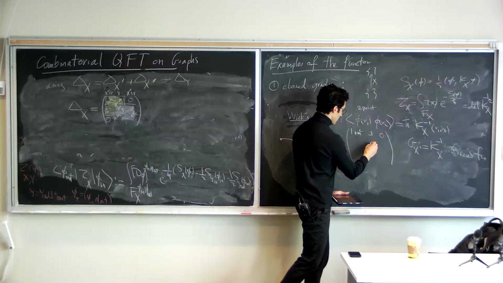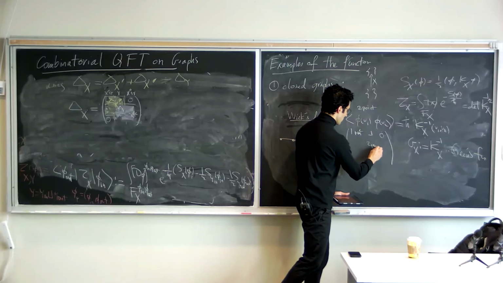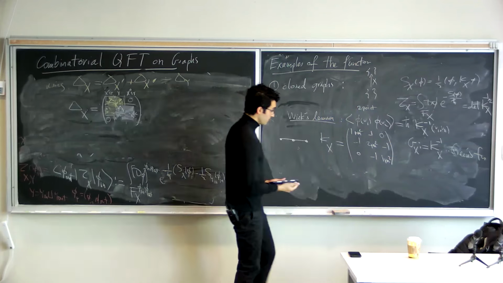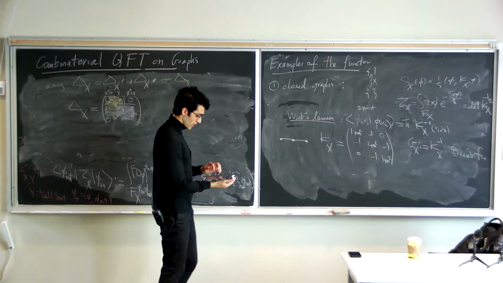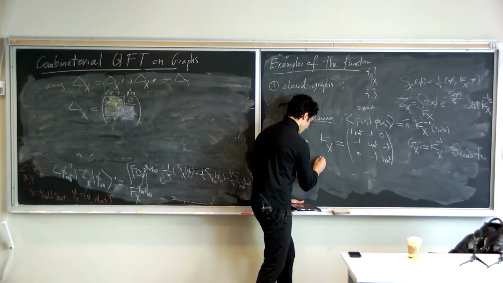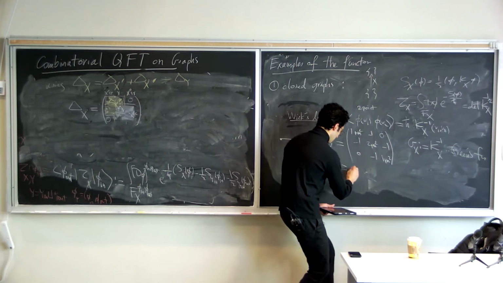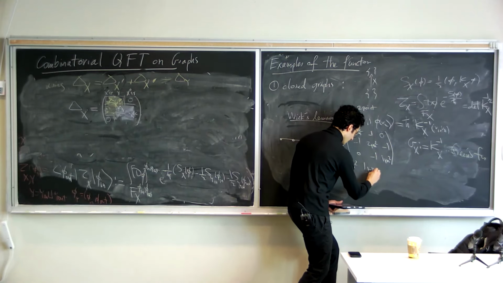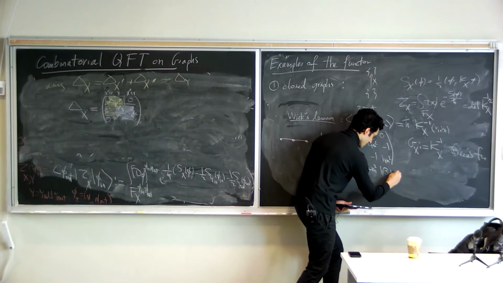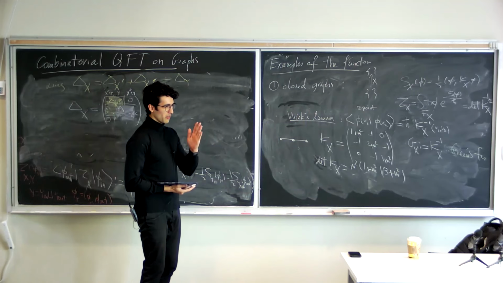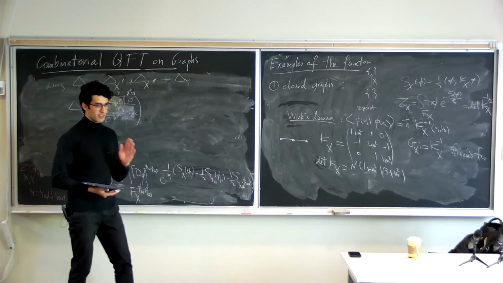It's going to be a symmetric matrix, so let me just do the upper triangular part. This is your Kx, and you can compute the determinant because it's a small matrix. It's going to be m squared, 1 plus m squared, 3 plus m squared. Note how adding this mass term moved us away from the 0 eigenvalue that every graph Laplacian has. The lowest eigenvalue of a graph Laplacian is always 0.